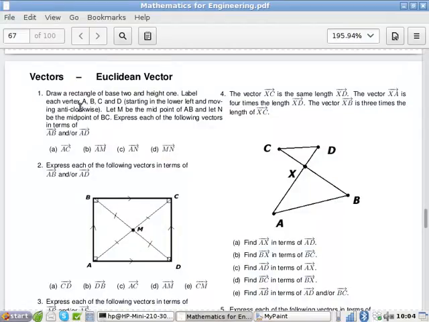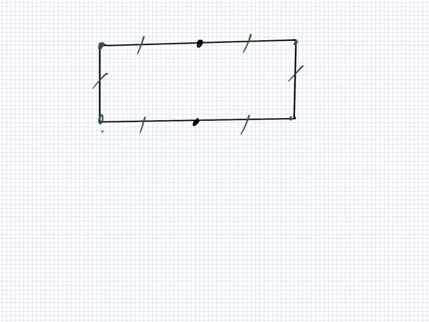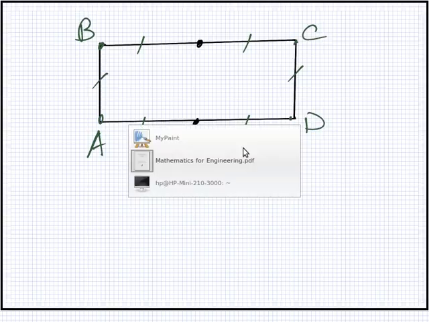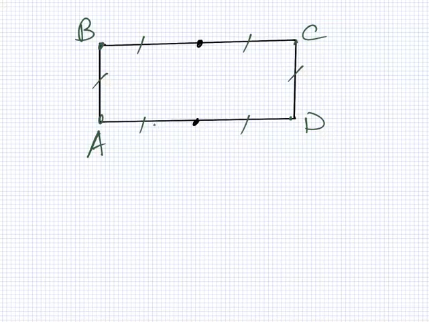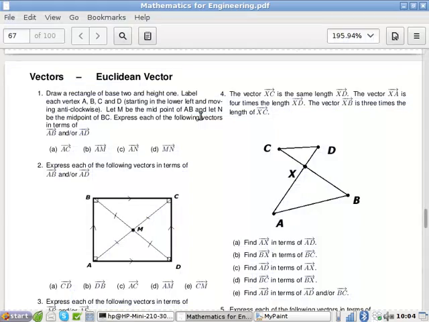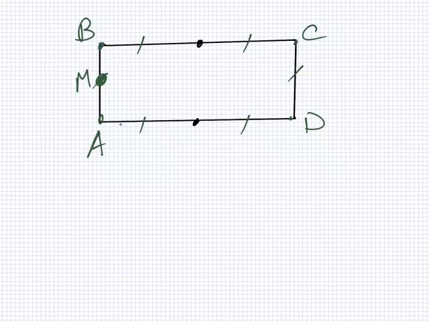Label each vertex A, B, C, D, starting in the lower left and moving anti-clockwise. A, B, C, D. Let M be the midpoint of AB. And let N be the midpoint of BC.